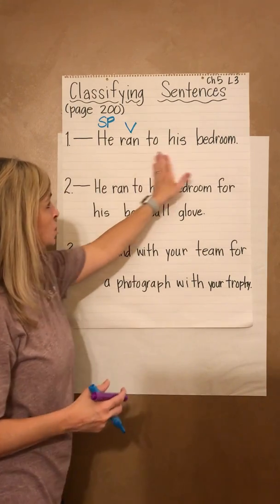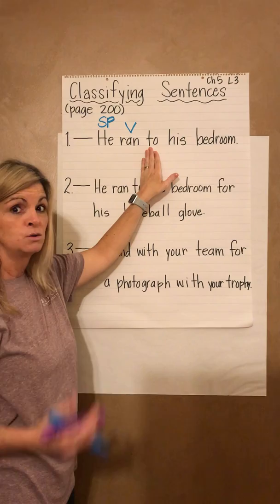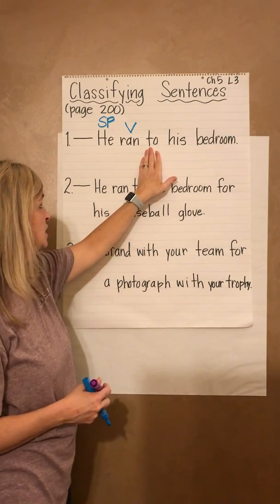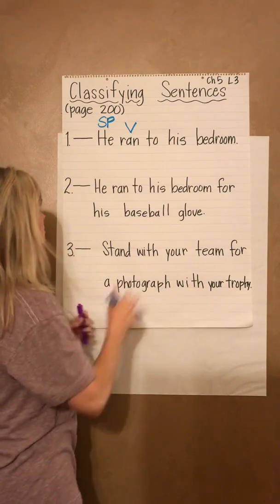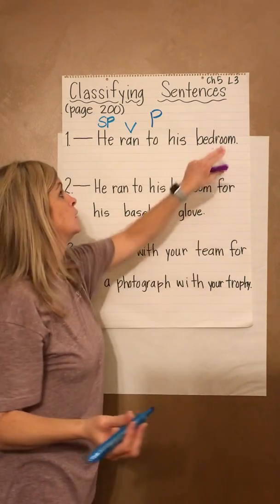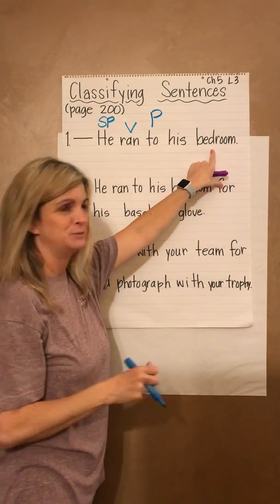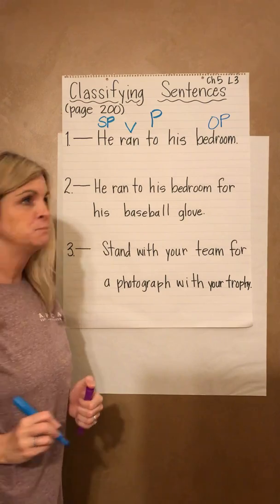So, is there a word in the sentence after this that answers the question, to what or to whom? So we would say, and yes, we do know, bedroom. To, preposition. To what? One word, bedroom. Object of the preposition. Okay?